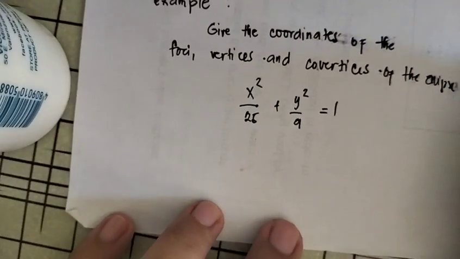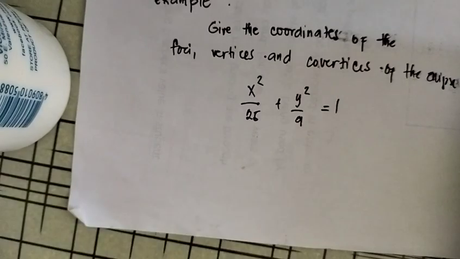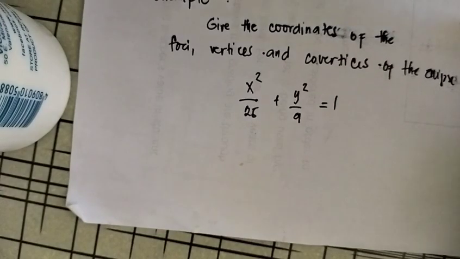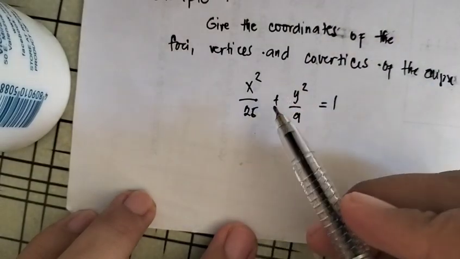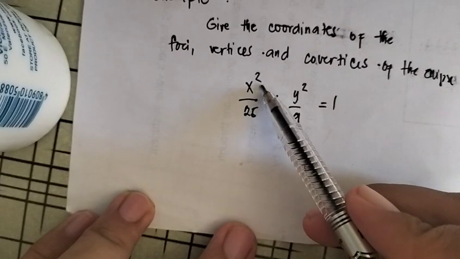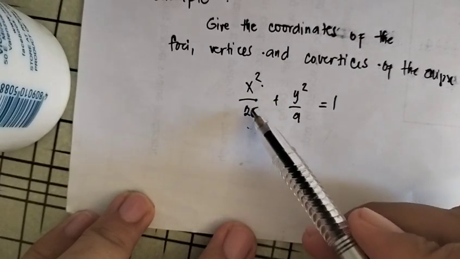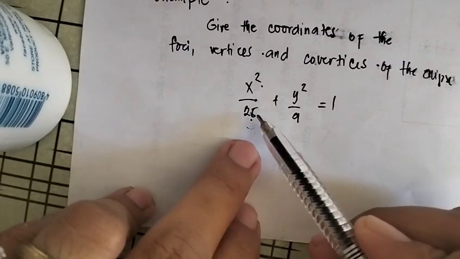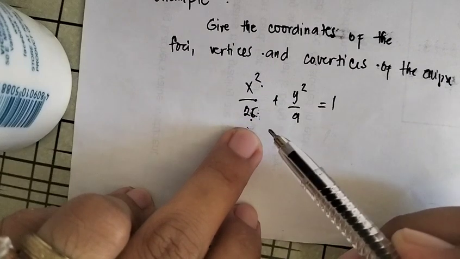So, from the given, we can now determine the values of a and b. Which one is a? Whichever is bigger of the two denominators. So, x. If the bigger one is here, that is a, and that is your major axis.